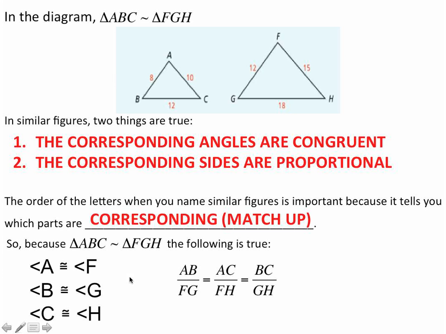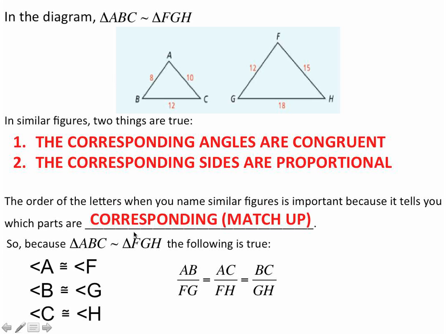The sides are proportional. So in this picture, AB, the ratio of AB to FG, this ratio between here and here, is the same as any other set of corresponding sides. So 10 to 15. All right, again, if you look at the letters, the first 2 letters here match with the first 2 letters here.